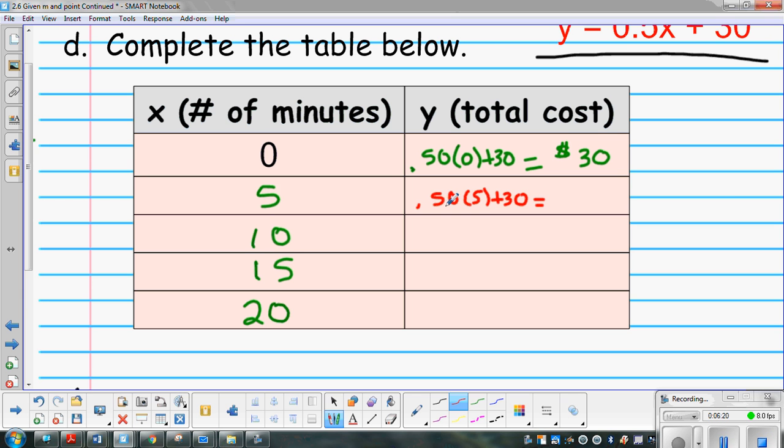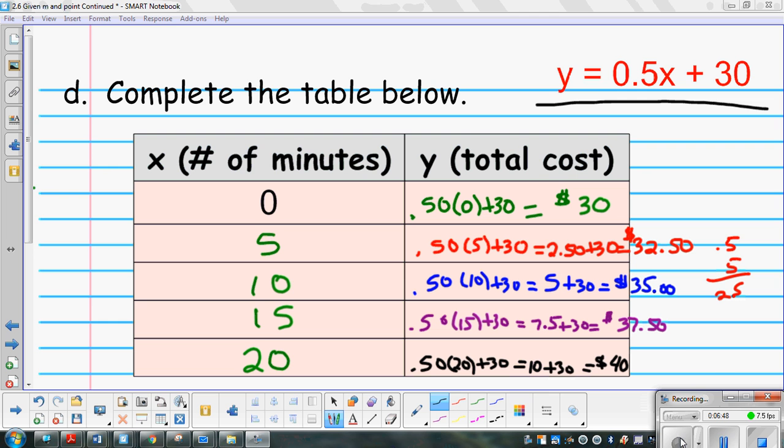So you're going to evaluate 0.50 times 5, which is 2.5, or $2.50. So we got 2.50 plus the 30 means if we talk for 5 minutes, Shelby's bill is going to be $32.50. So go ahead, take a moment, fill in the remaining values, subbing in for each one. Come back when you're ready and check your math.